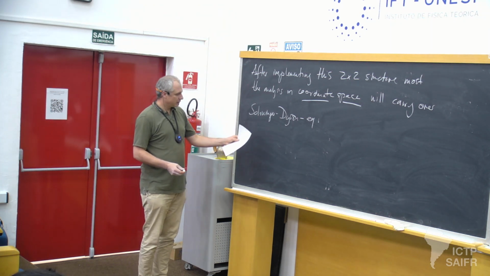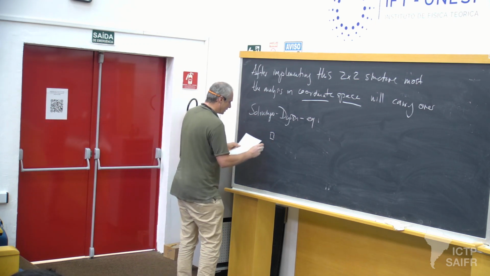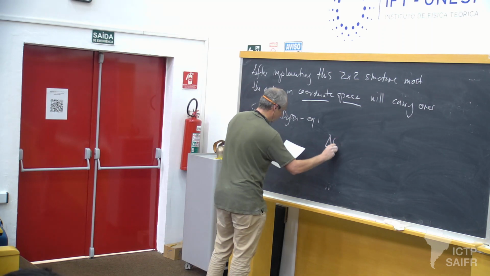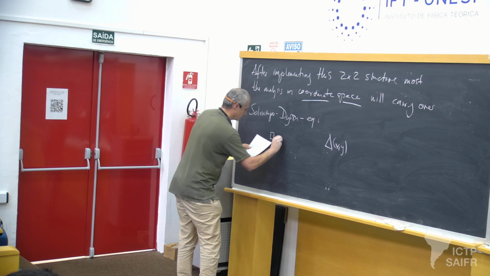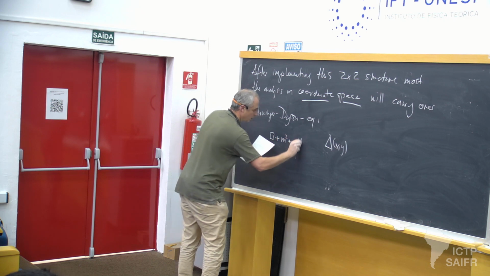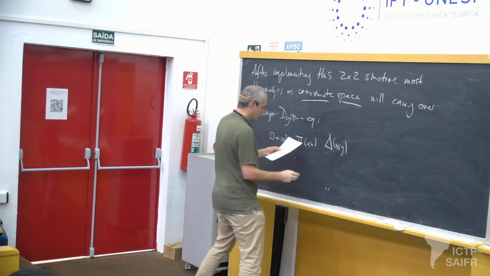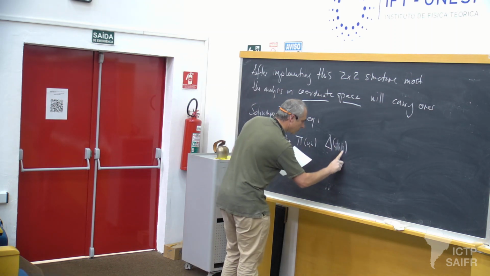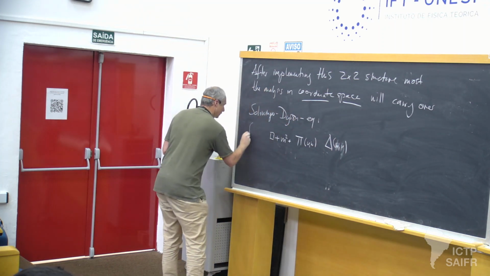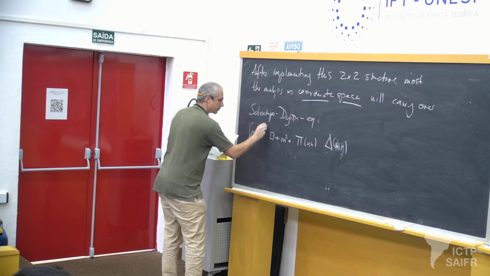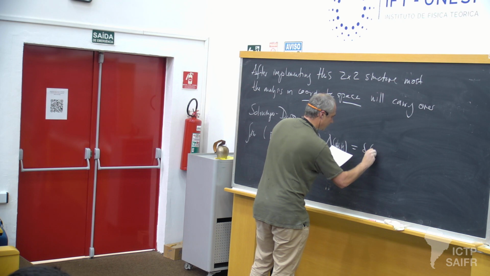Now, the Schwinger-Dyson equation is basically the following. Let's say you have the two-point function of your system. It basically looks like this, with an integral over v, equal to a delta function in u and v.